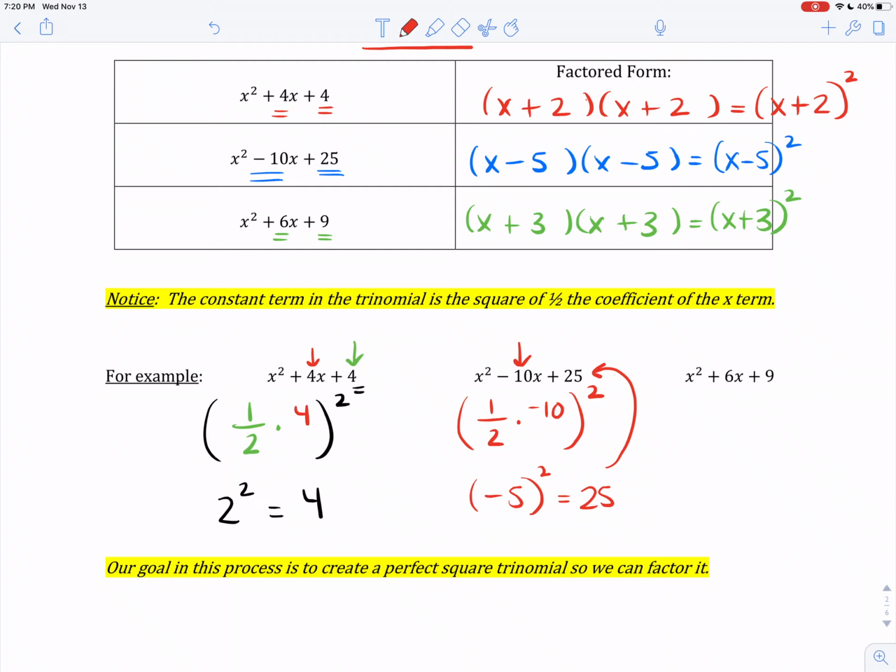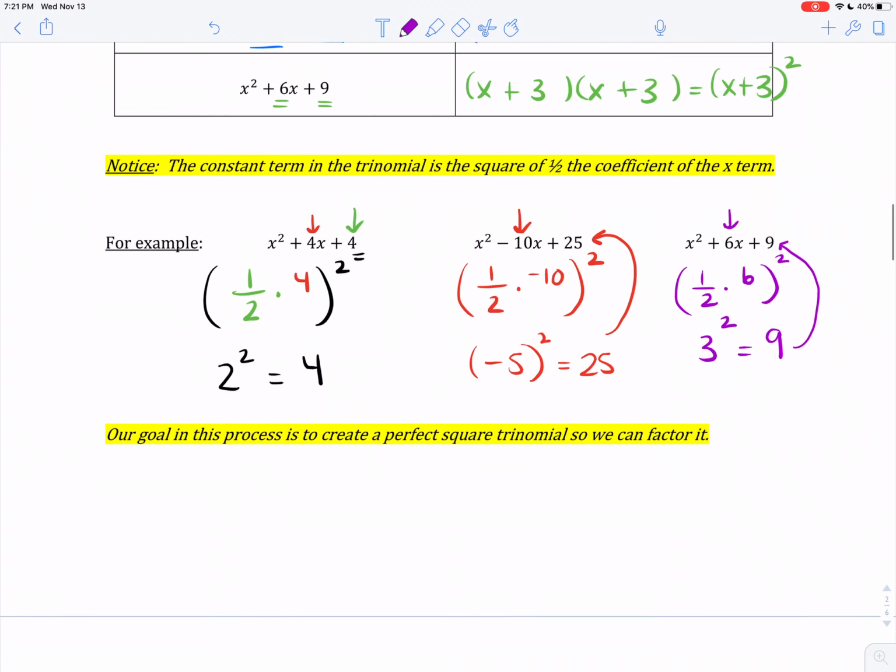And just to show it's going to be this way every time, for the third one that we looked at here, if I took 1/2 of the middle term, which is 6, and squared it, that would be 3 squared, which in turn is going to give me that last constant term of 9.